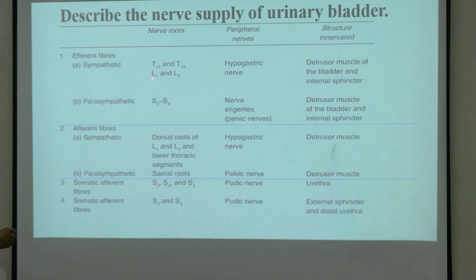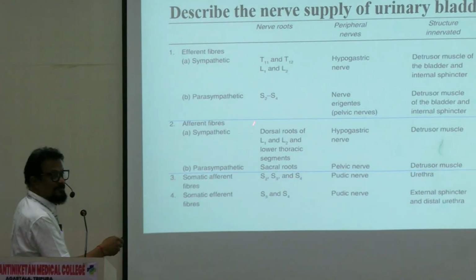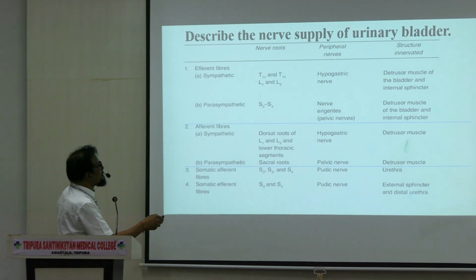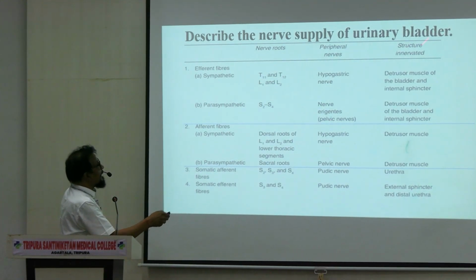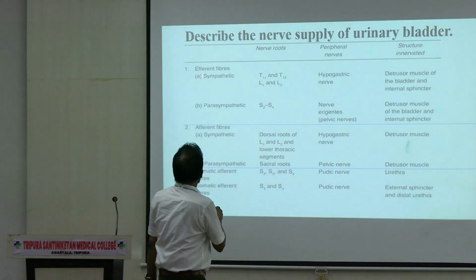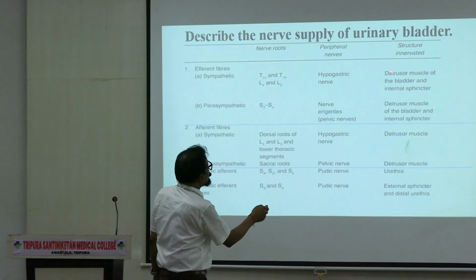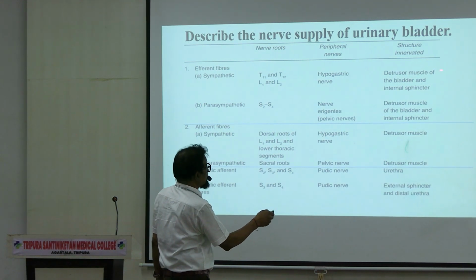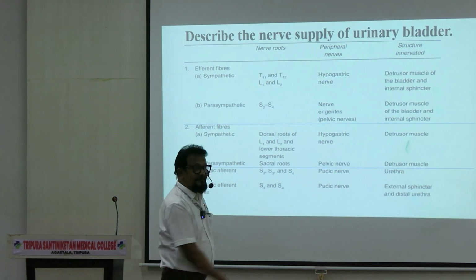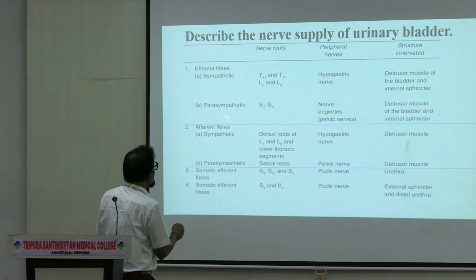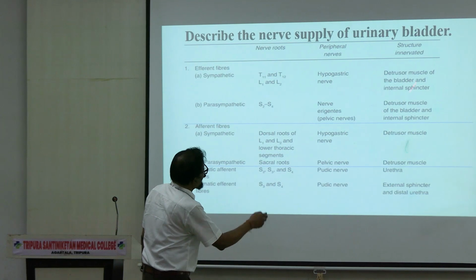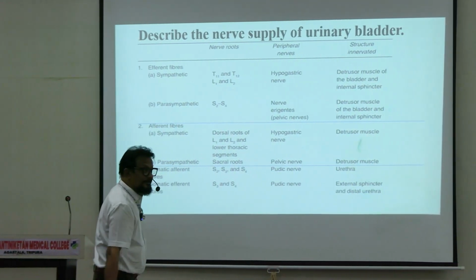T11, T12 and L1, L2, and for parasympathetic S2, S3, S4, and nerves, hypogastric nerve for sympathetic, and for this it is pelvic nerve. And structures, what these efferent fibers innervate in the urinary bladder: detrusor muscle and the internal sphincter.